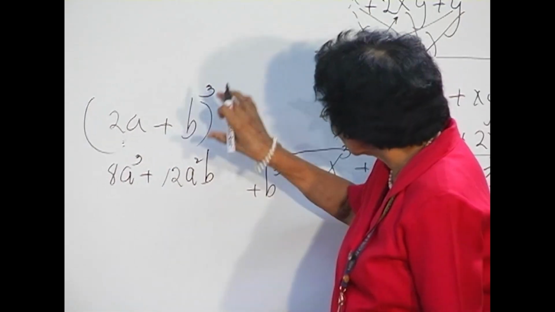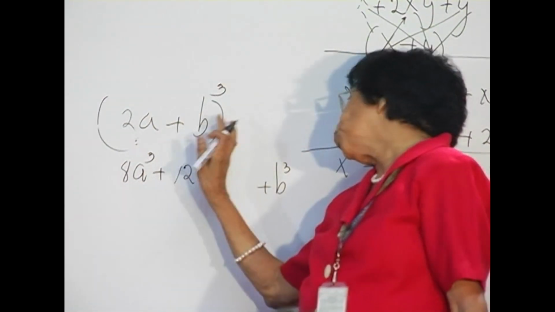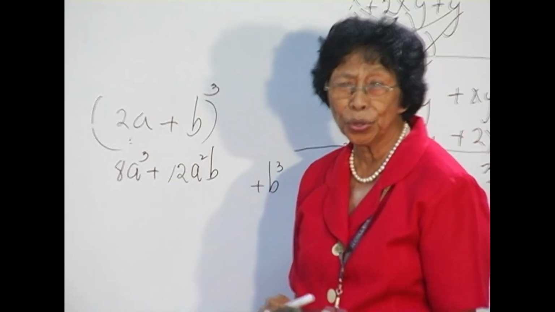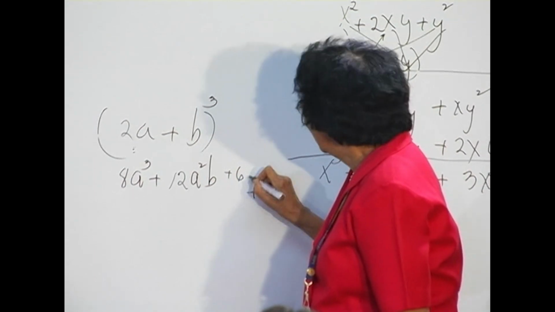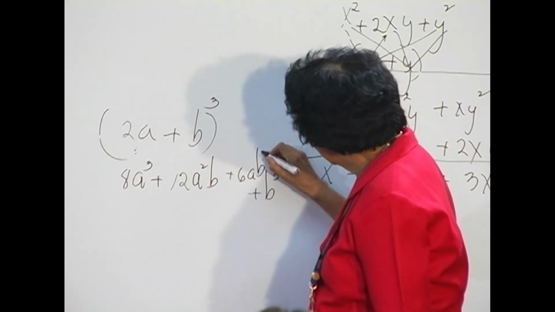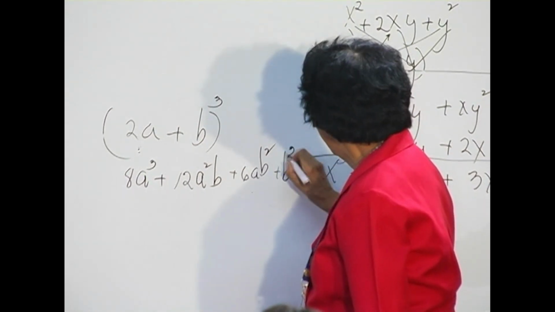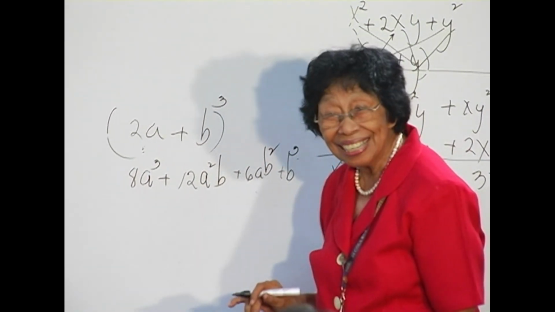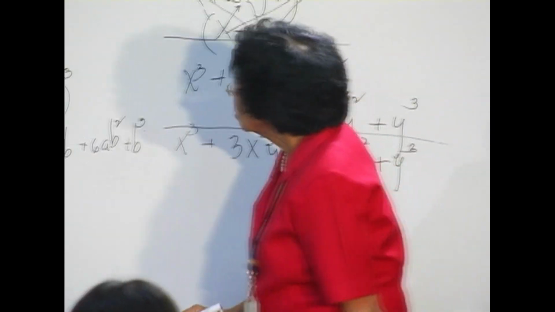And then the next term will be 3 times this times the square of this. How much is that going to be? 6ab squared. We ran out of space. Let's bring it down. So it's kind of easy, right? It's really easy. There. Let's try another one.